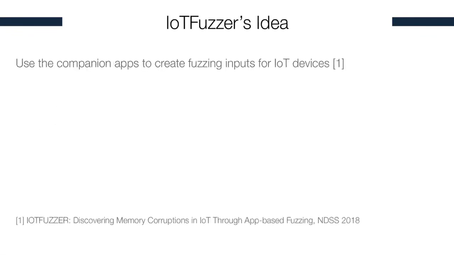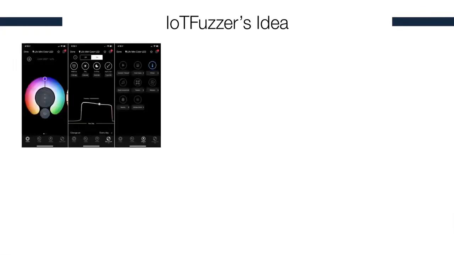However, a recently proposed idea, IoT Fuzzer, makes a novel observation that most of these IoT devices come with a companion app that helps in communicating with these devices. These companion apps usually have a UI that is exposed to users.